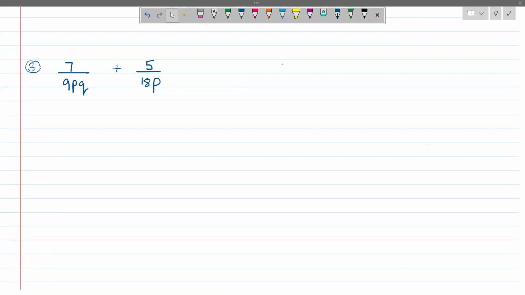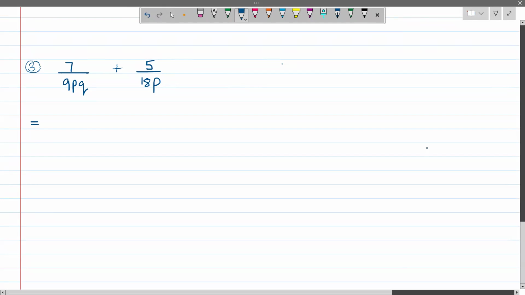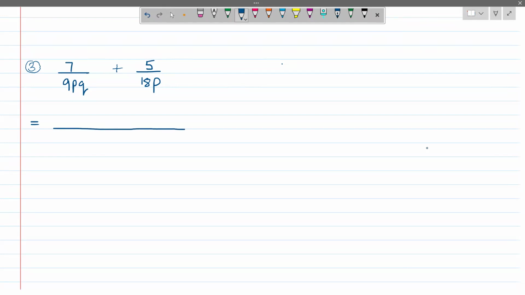Right, so we have 7 over 9pq plus 5 over 18p, right? Now, just like the others, we want to find our lowest common denominator, lowest common multiple. So I tend to look at this with the numbers first, then the letters. So the lowest common multiple of 9 and 18 is going to be 18. What we're looking for is a number that both 9 and 18 could go into. And then when we think about the expression, we need a variable part that both PQ and P could go into.